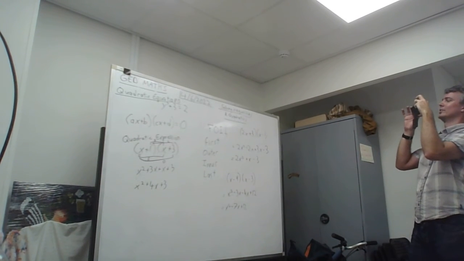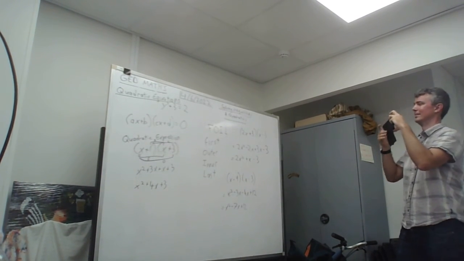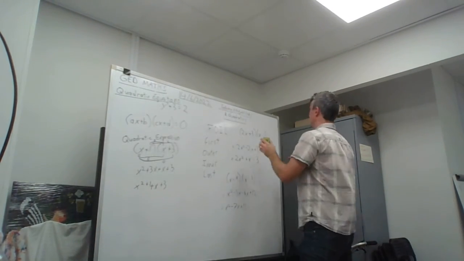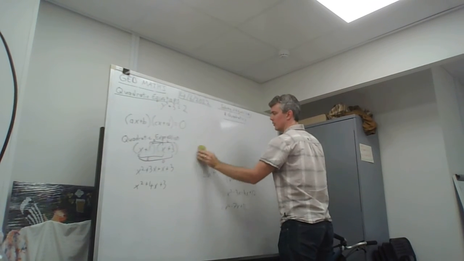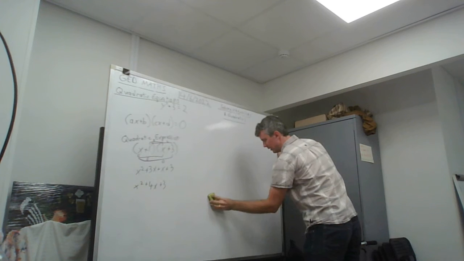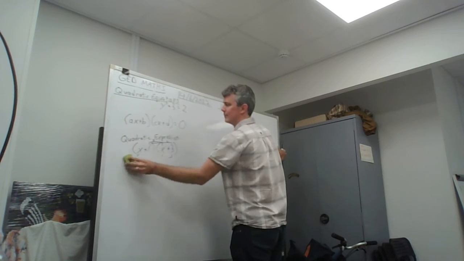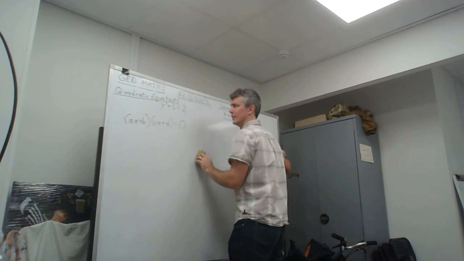And now we're going to do the equations. Well, first, actually, before we do the equations, we need to do what's called factoring. So we need to go the other way. Alright?